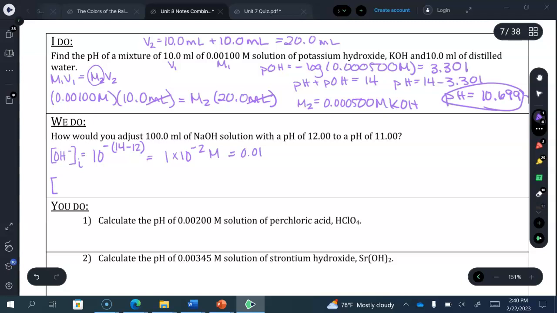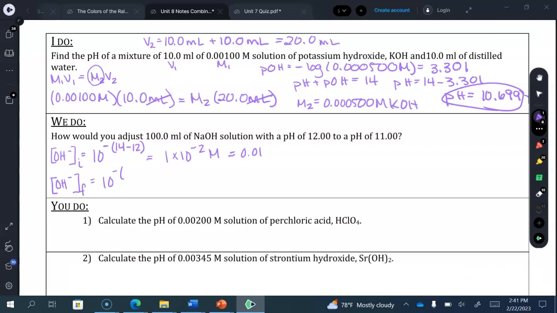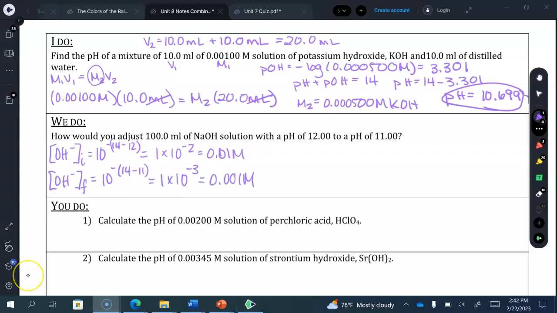And then here, we have a hydroxide ion concentration for our final one. We want to get it to pH 11, so we need to figure out, my apologies.